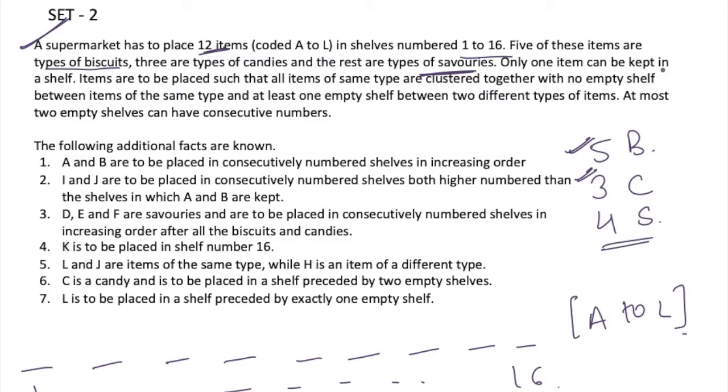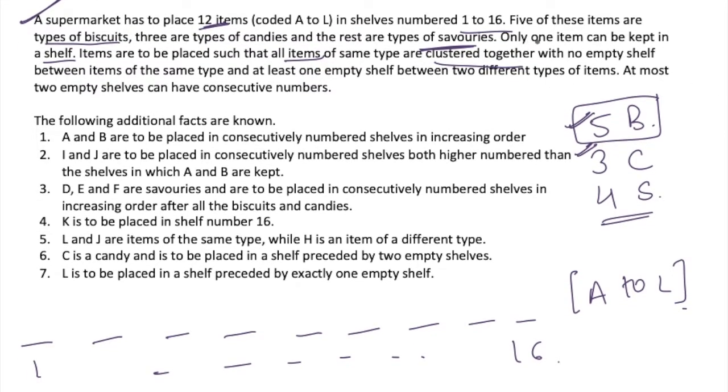Next, only one item can be kept in a shelf. Items are to be placed such that all items of the same type are clustered together. So 5 biscuits will be placed in 5 consecutive shelves, with no empty shelf between items of the same type, and at least one empty shelf between two different types of items.